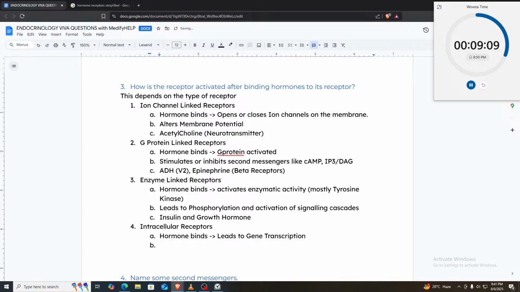This is a very, very simple example, right? Of course there are proper pathways about how it's done. So steroids and thyroid hormone.